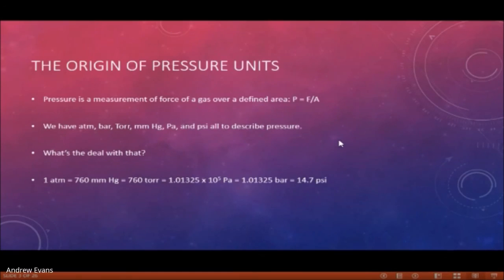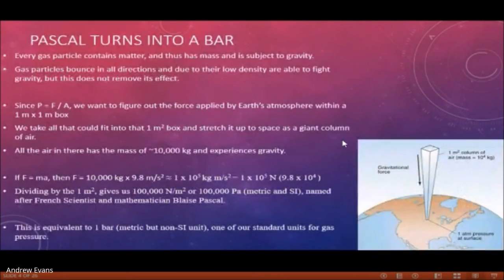What's the deal with all these units? Well, part of it comes down to how they were discovered and when they were being discovered. Now, the original unit, the scientific unit that's actually really used, the SI unit, is the Pascal, named for Blaise Pascal, of Pascal's triangle.